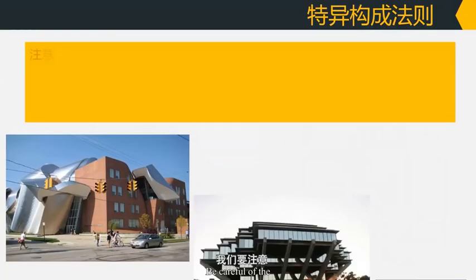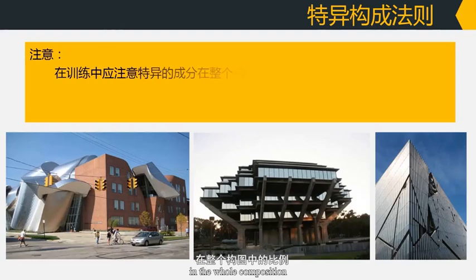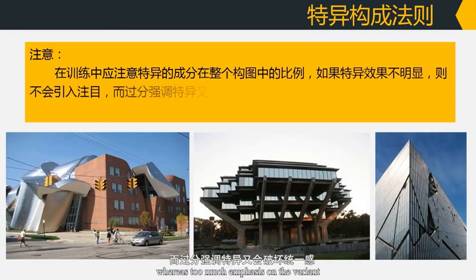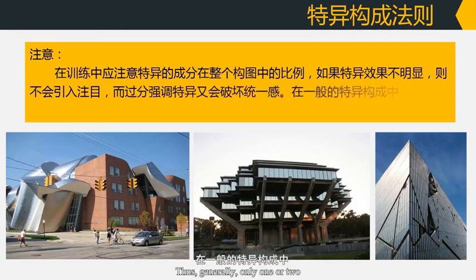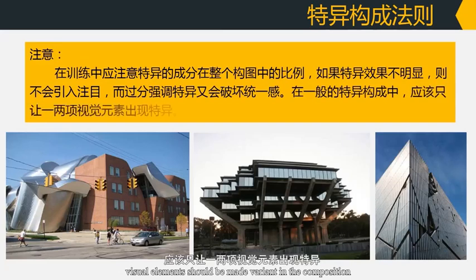Be careful of the proportion of variant components in the whole composition. If the variant effect is not obvious, it will not be noticeable, whereas too much emphasis on the variant will destroy the overall unity. Thus, generally, only one or two visual elements should be made variant in the composition.